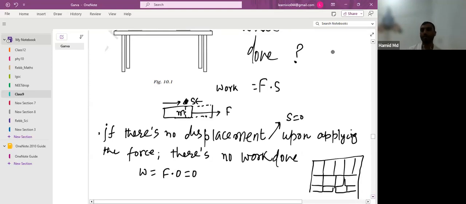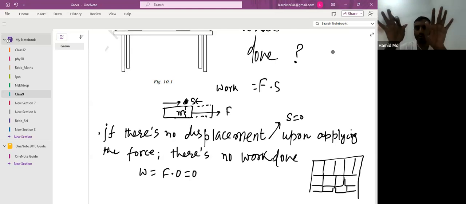If you are pushing a wall of your room, will there be any displacement in the wall? No. So if there is no displacement, it is F into 0. You are applying the force, you are being exhausted, you will be sweating if you are pushing the wall, but the wall is not moving.